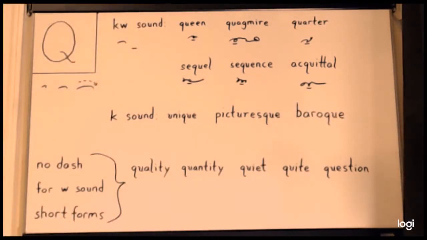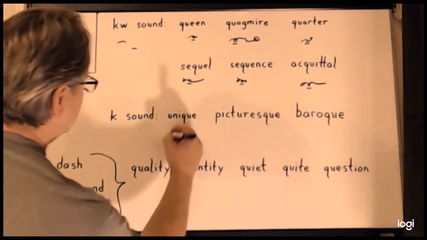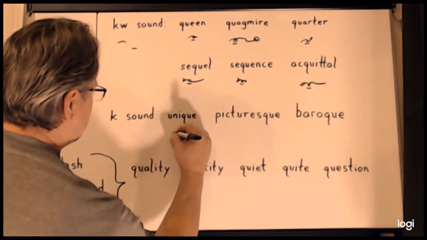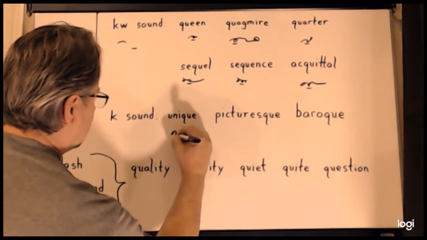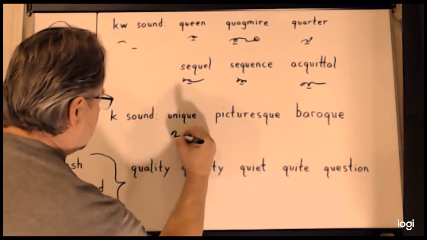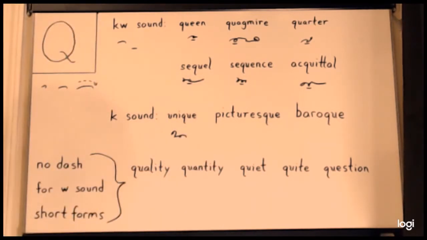Now there are words that have the Q in them that only have the K sound. For instance, these words will start with unique. So unique, you just use the Y, standing for the Y sound, U, N, I, K, in unique.